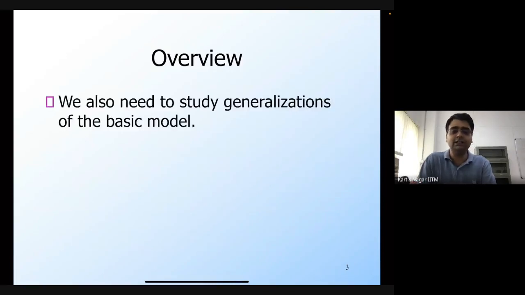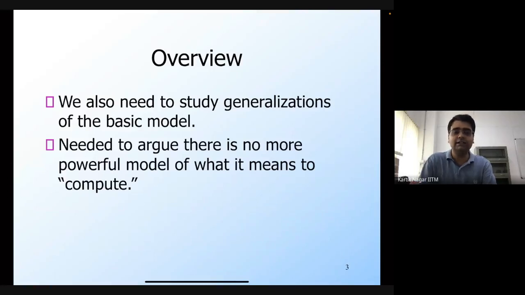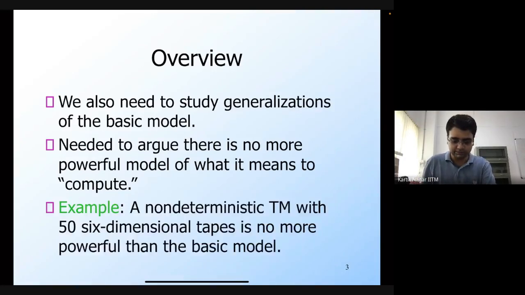So we also study some generalizations of the basic model. Here we are basically going to add more power to the Turing machine, and we'll see whether by adding more power we are actually computing more languages. We need to argue whether or not there is a more powerful model of what it means to compute. For example, we have a deterministic Turing machine with just one tape.